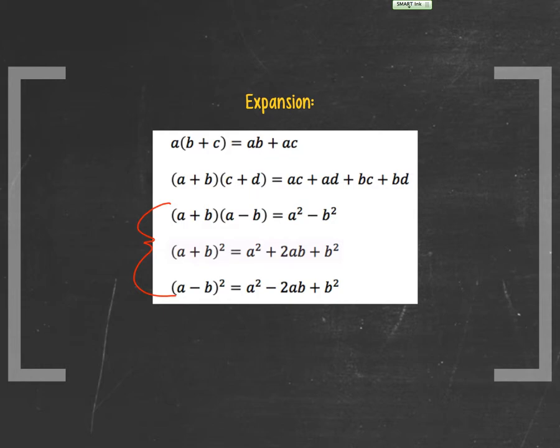And then if I have a binomial squared, whether it's plus or minus, there is this shortcut that we can use. I know I've used that shortcut in class. You guys have seen me use it. Again, those are optional, not required shortcuts, but you know how to distribute, you know how to FOIL. And so we're going to do two examples with distribution and two examples of FOILing for today.